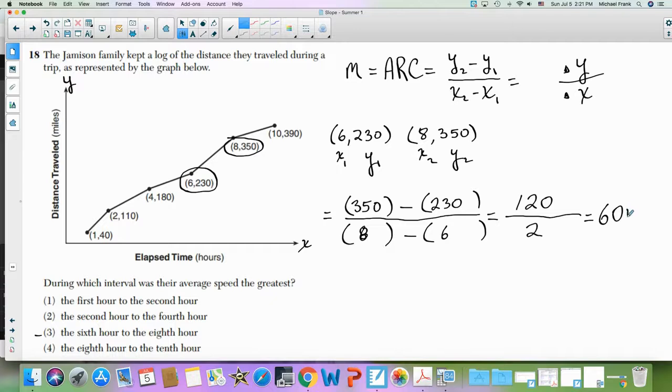So it's 60 miles traveled in, well, if there's no number down here, it's as if it's 60 over 1. 60 miles traveled for every hour. Or, as we like to say, 60 miles per hour. And that right there would be the average speed between the 6th and 8th hour. Why don't you go ahead and try 1, 2, and 4 and see which one had the greatest speed?